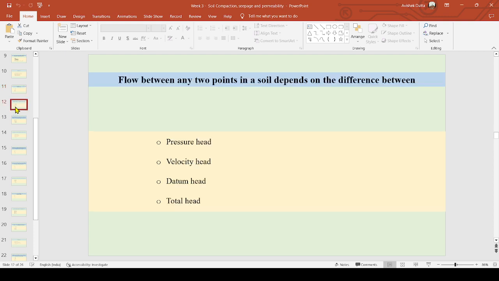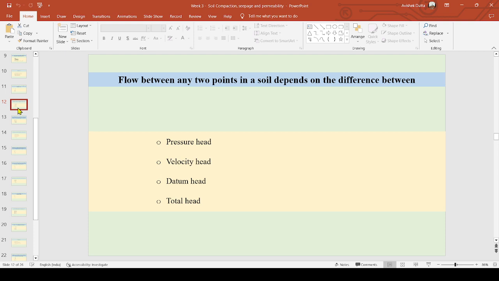Next question. Flow between any two points in a soil depends on the difference between. Your options are pressure head, velocity head, datum head, or total head.